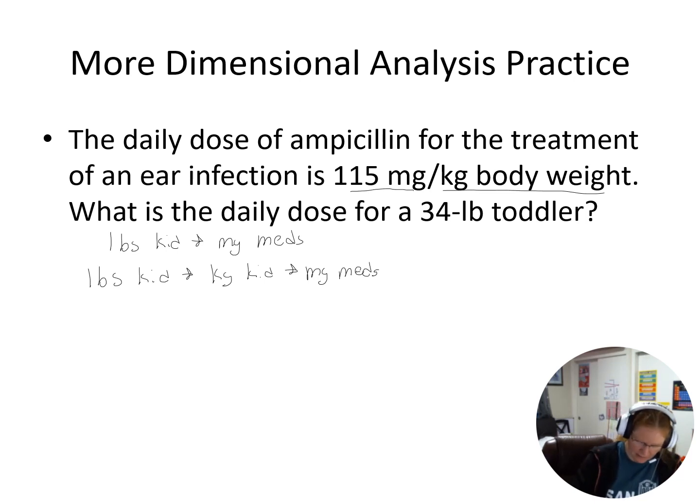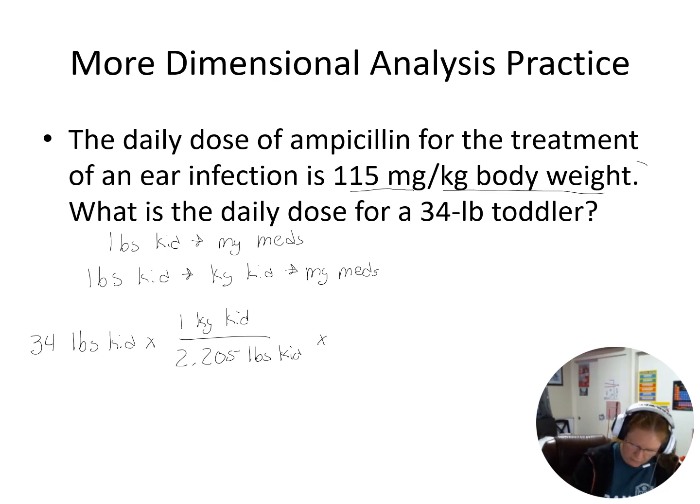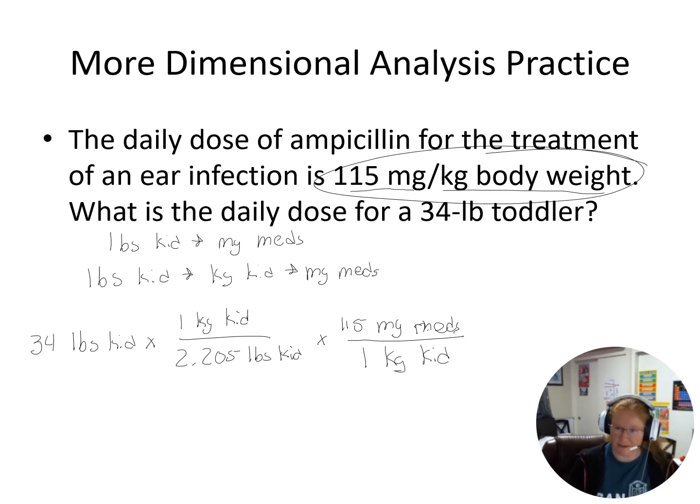So we are going to take our 34-pound kid, and we get 1 kilogram of kid for every 2.205 pounds of kid. And then according to this right here, we have 115 milligrams of meds for every 1 kilogram of kid.